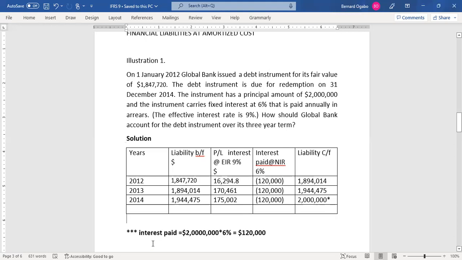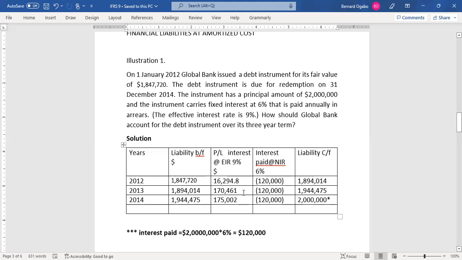So I've just told you that the interest paid column is arrived at by applying the par value interest rate, the nominal interest rate, to the principal. But what I use in amortization is the effective interest rate. They could ask you, what is the finance cost at year one, year two, or year three?